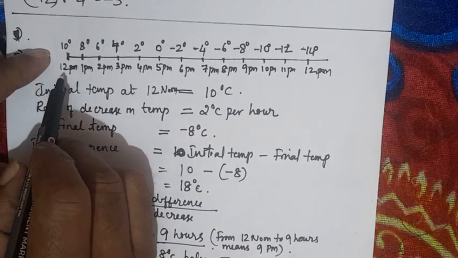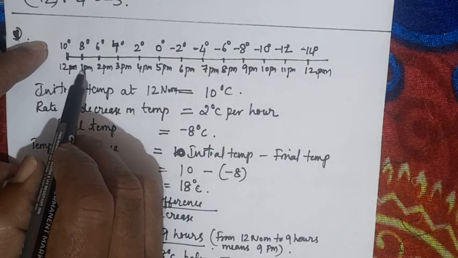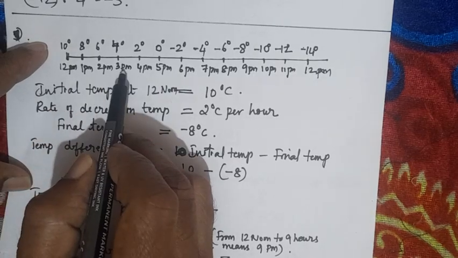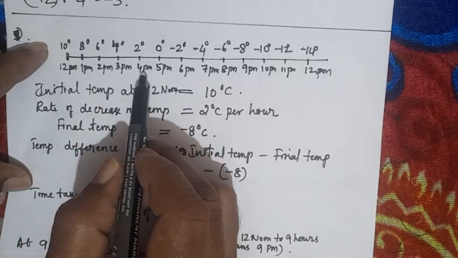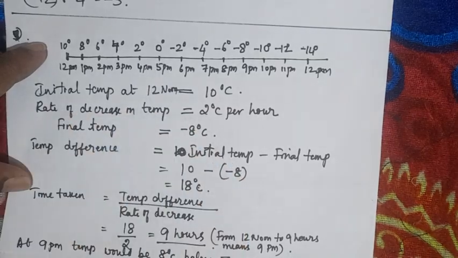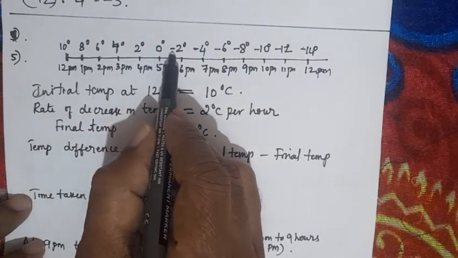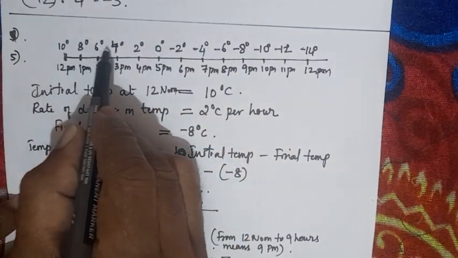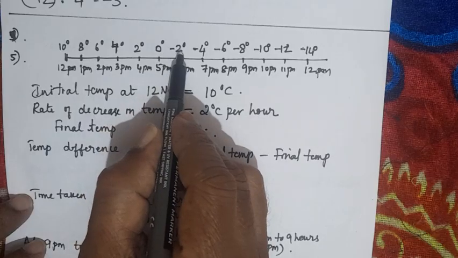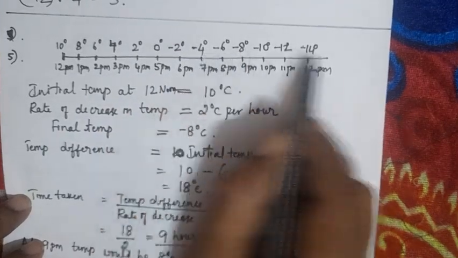So when the temperature at 12 noon is 10, then at 1 p.m. it's 8, at 2 p.m. it's 6, at 3 p.m. it's 4, at 4 p.m. it's 2 degrees, and at 5 p.m. it's 0 degrees. So it goes on decreasing 2 degrees: 10, 8, 6, 4, 2, 0. Then after 0, minus 2, minus 4, minus 6, minus 8, and so on.